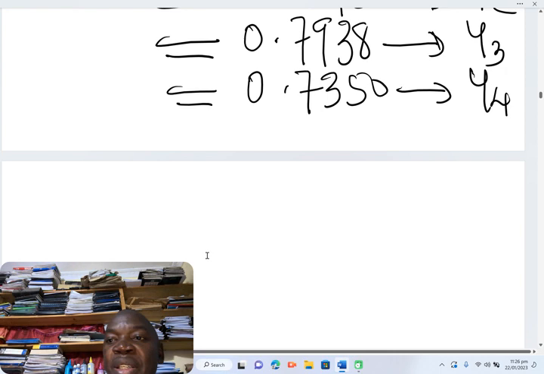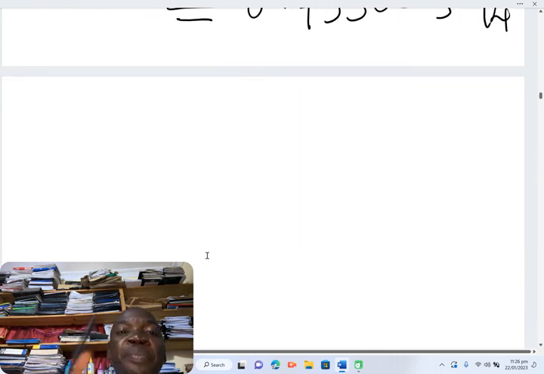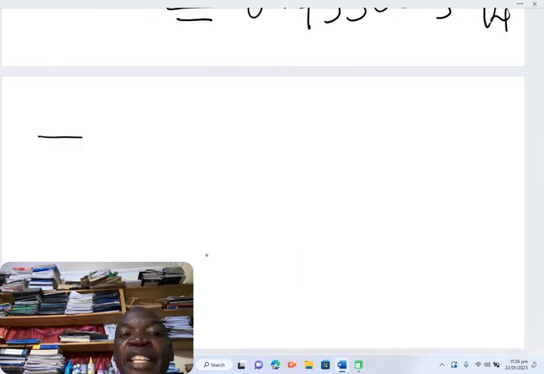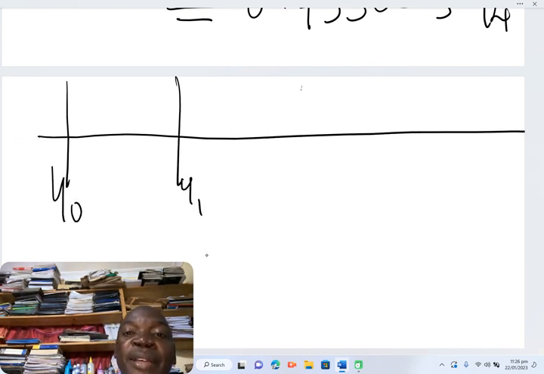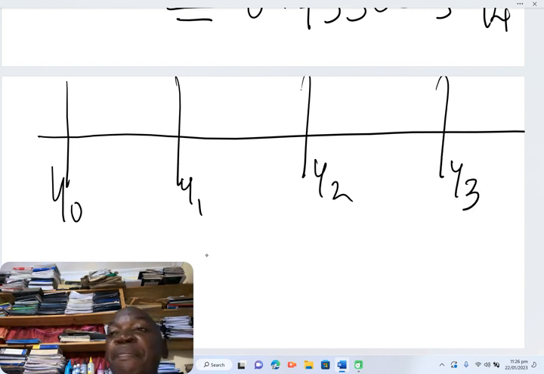I will arrange my cash flow the way it appears in the problem. So this is year 0, year 1, year 2, and year 3.